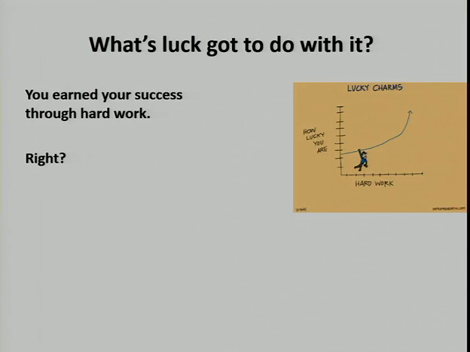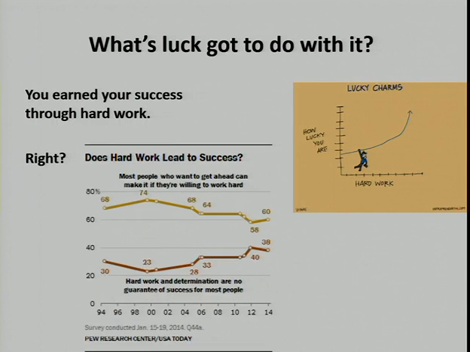Many people feel, actually most people feel, that success is caused by hard work. By actually putting themselves out there, improving, and so on and so forth. It's not just luck. It's actually hard work that causes success. Something we commonly believe. There are good findings on that.